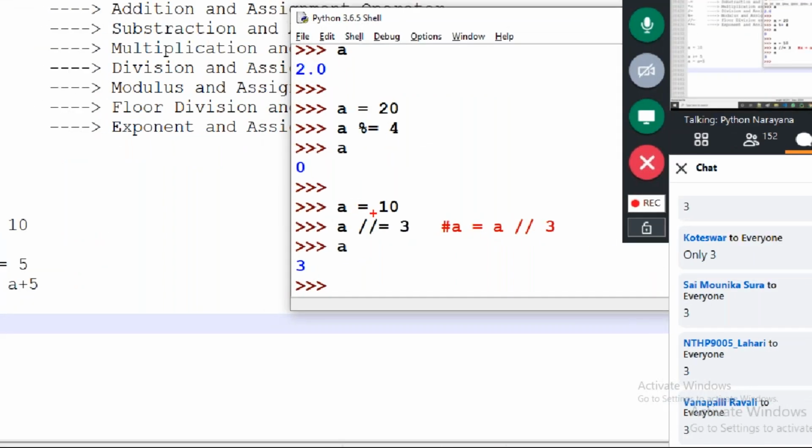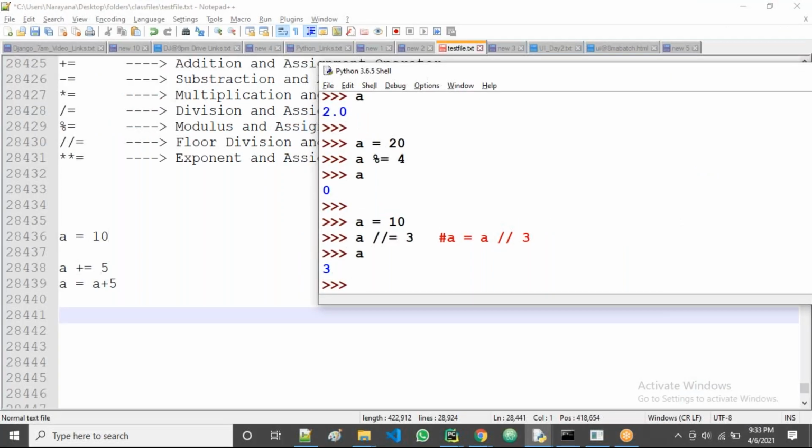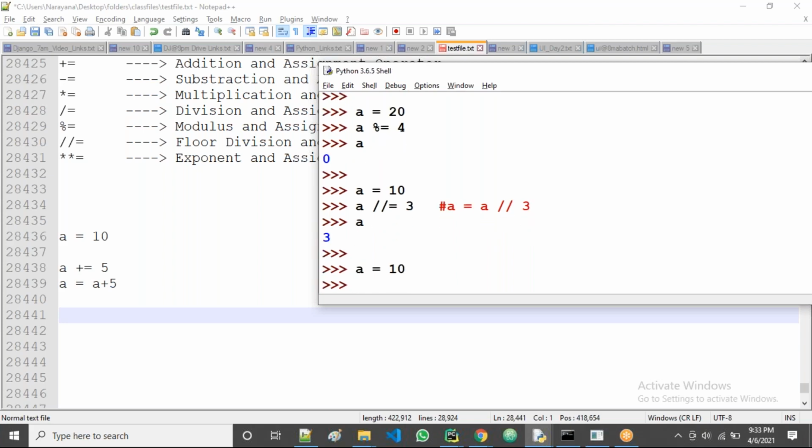Suppose if I take only division, at that time what is the value of a? I'll take a = 10.